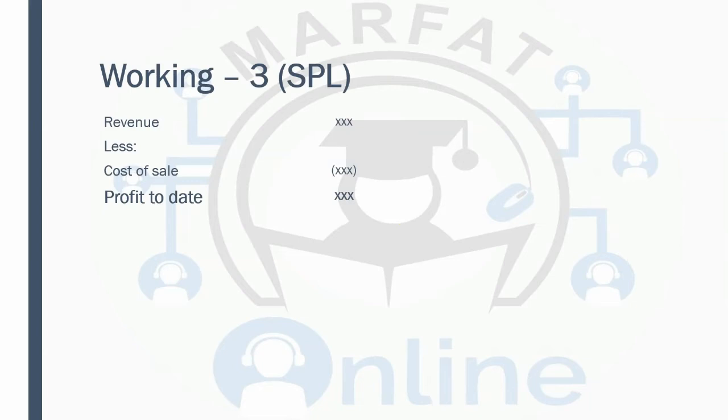In the third step, you will be calculating the figures related to the statement of profit or loss, which is revenue. Now what you are going to do is take the total price, multiplied by the percentage. And you take the total profit, which has been calculated in step number 1, working number 1, multiplied by the percentage. The cost of sales will be a balancing figure.